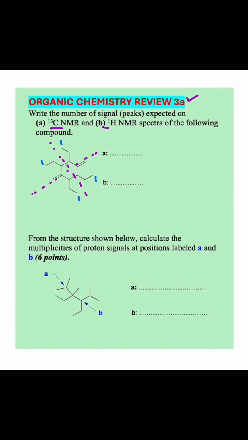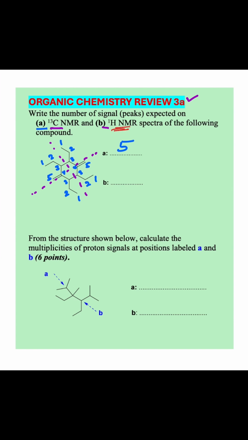So that's one signal, and then the second signal will be here, and then the third signal on carbon-13 NMR will be this carbon here. And then the fourth signal is that corner. And the fifth signal is here. So for carbon, which is A, we have 5 absorptions or signals in the carbon-13 NMR.